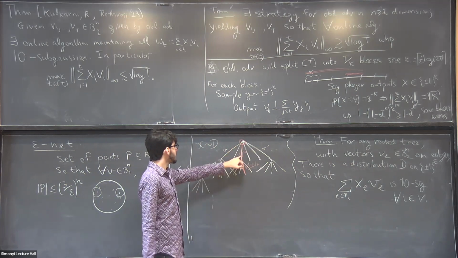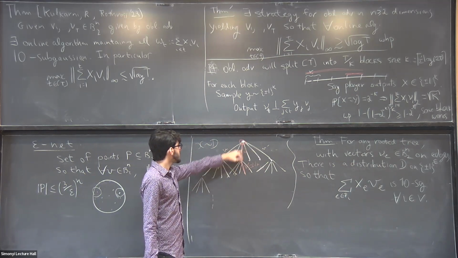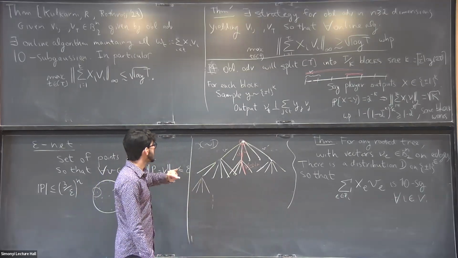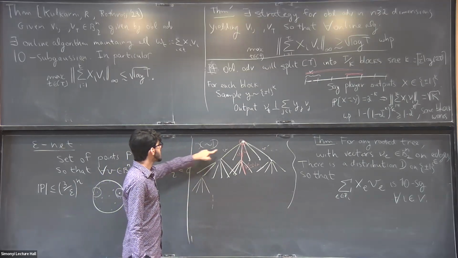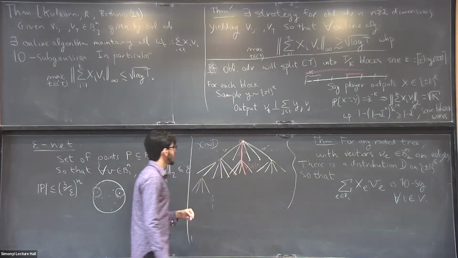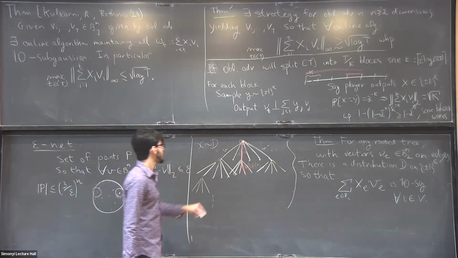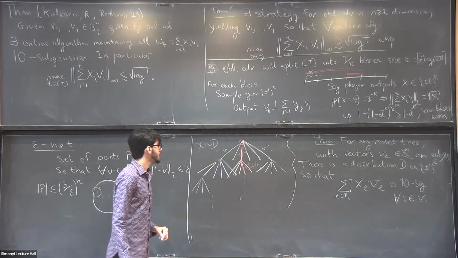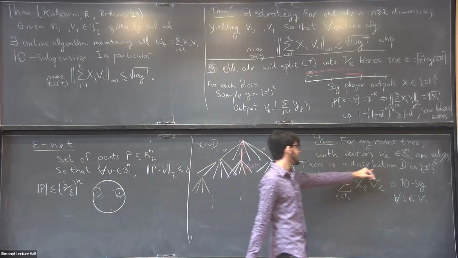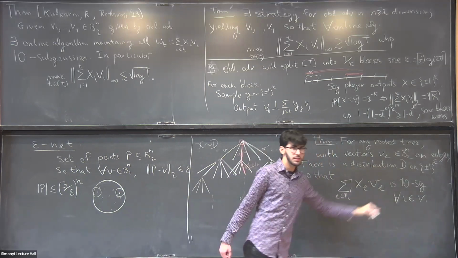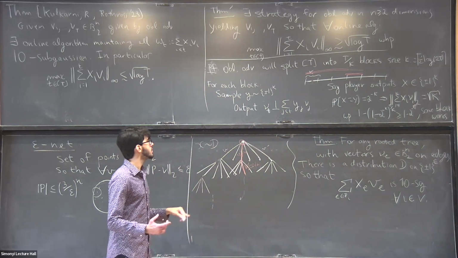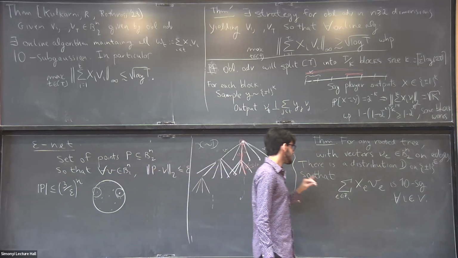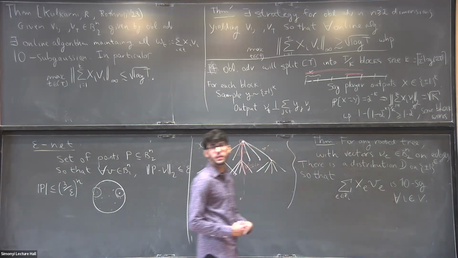So I see some vector v1. I move to some v1 prime that is close to v1. And then I ask, what is the sign in X corresponding to this edge? And that's what I output. And then I keep doing that until I am at a leaf. And by this property that all the root vertex paths are tensor sub-Gaussian, no matter what the oblivious adversary had chosen for me, I'm always tensor sub-Gaussian for all prefixes.